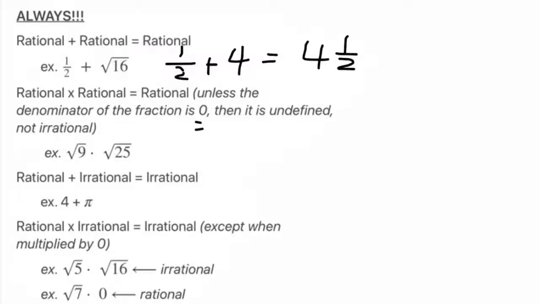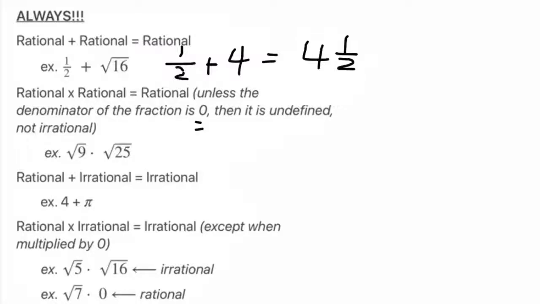Right away, we know that that's not even a real number, so it's not classified as rational or irrational. So if one of your addends in an addition problem or factors in a multiplication problem is unreal, then it's not a solvable problem. The entire problem is unreal or undefined.